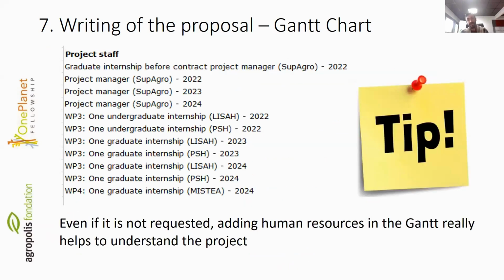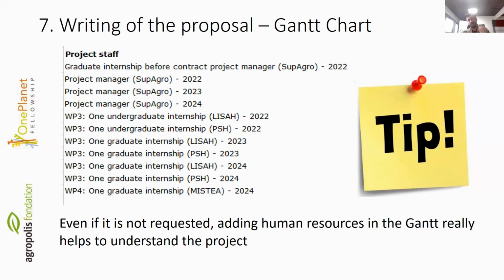And then another tip, in the Gantt chart, it's sometimes good to have the human resources. Because usually, for example, here you see you have 1, 2, 3, 4, 5, 6, 7 internships. And usually they are a bit drowned in the project description, so you don't know exactly what they are.